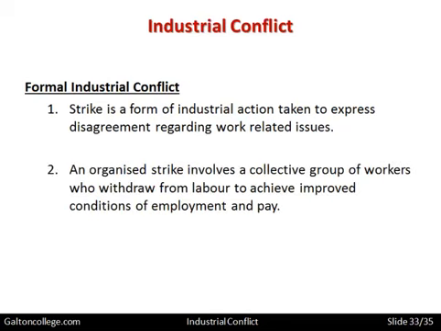An organised strike involves a collective group of workers who withdraw from labour to achieve improved conditions of employment and pay. And that's all a strike is. It's when workers leave the premises, leave the company, and try to stop the company from working by having, let's say, a picket line and stopping the company from continuing its business until it negotiates with them and until, ideally from their perspective, they get what they want.